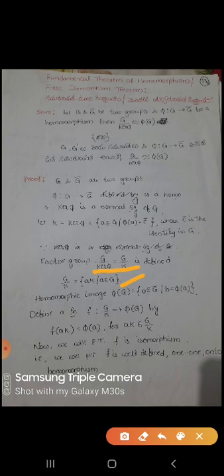So define a function f: G/K → phi(G) by f(aK) = phi(a) for aK belongs to G/K. Now we will prove that f is well defined, 1-1, onto and a homomorphism.